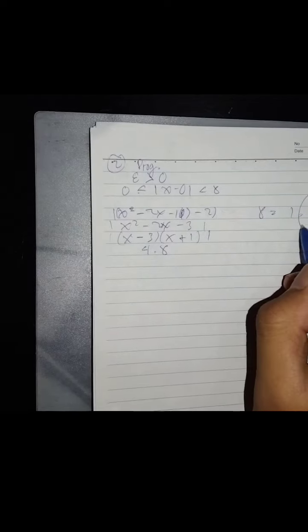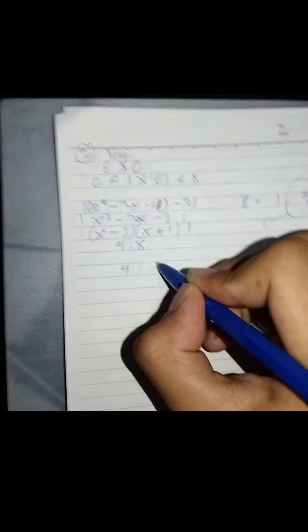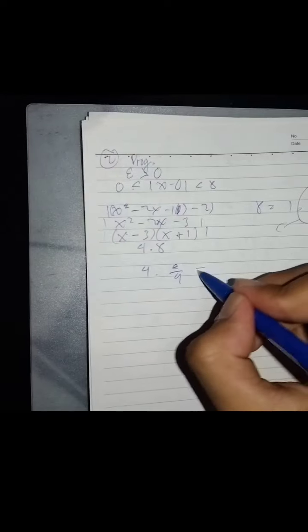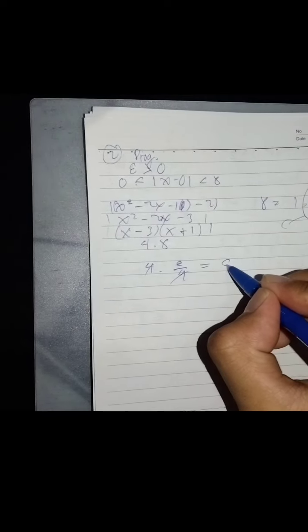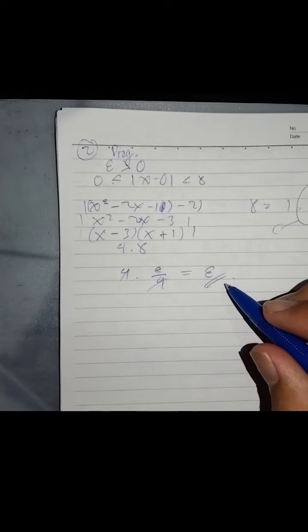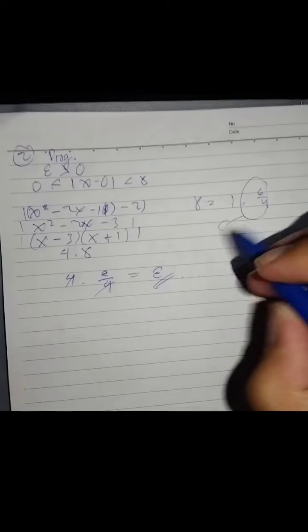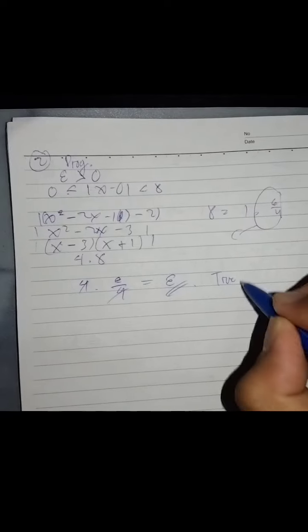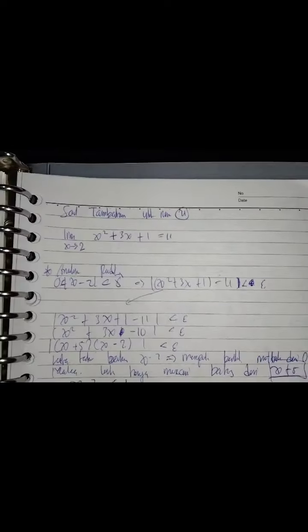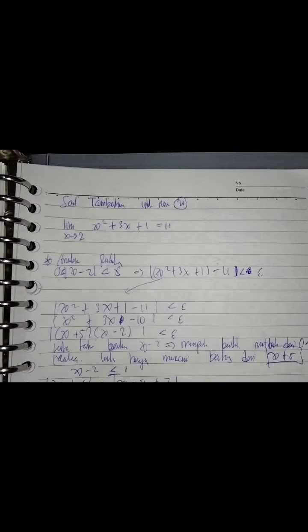So we can substitute that. So 4 times epsilon per 4, it's eliminated. So we can write this epsilon. So but before, the question is true, or we can prove that using this question.